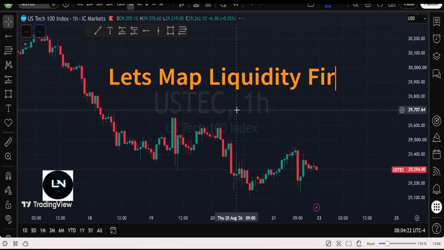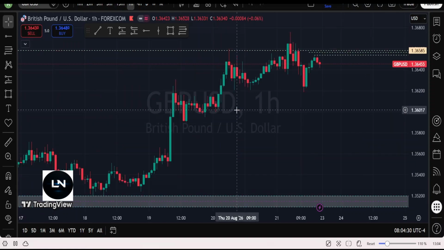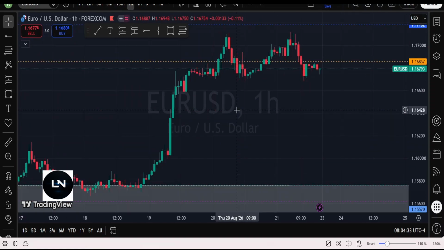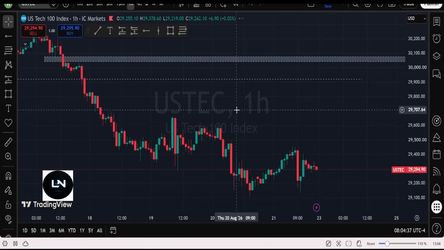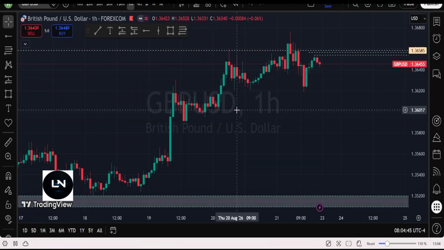That having been said, you can see that Nasdaq has just come through a week of weakness, while the cable, that's British Pound USD, and Euro USD continue to benefit from dollar weakness this week. So the question for us going into this coming week isn't simply that we are bearish or bullish in all these three markets.